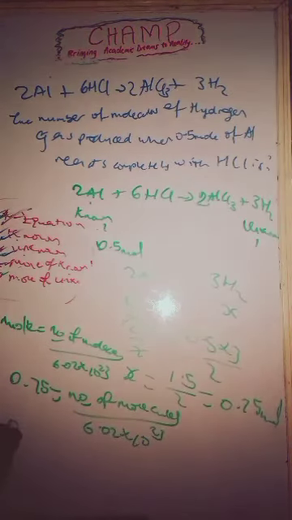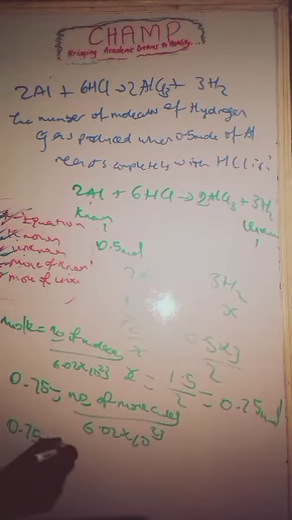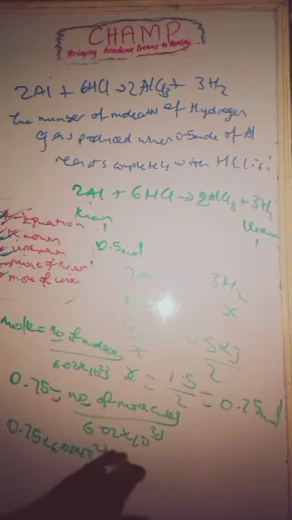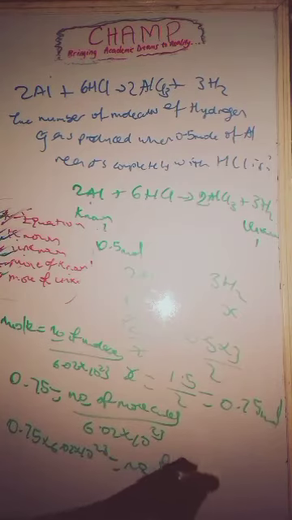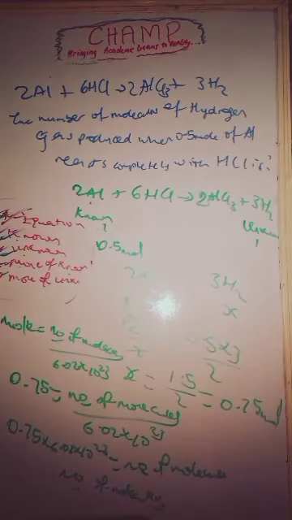Cross multiply: 0.75 times 6.02 times 10 to the power 23 equals the number of molecules. So press this. What are you going to get? I guess 4.5. Let me press to confirm. Yes, so that's 4.5 times 10 to the power 23 molecules.